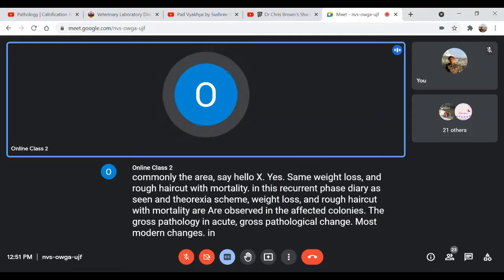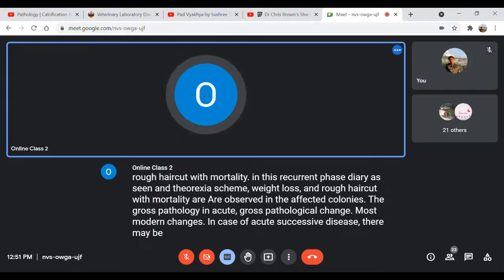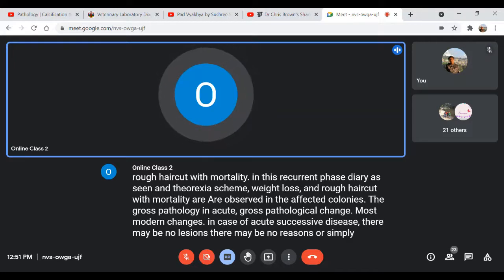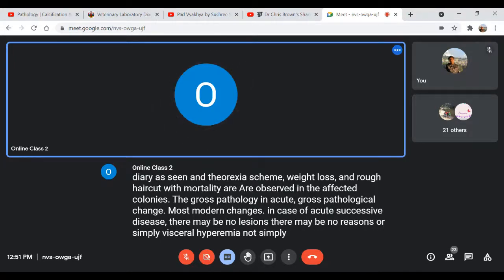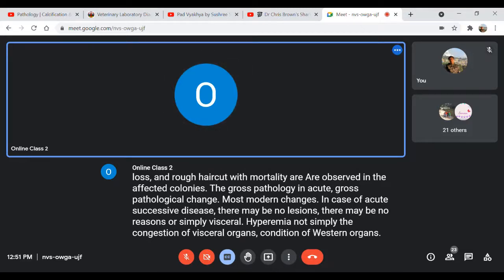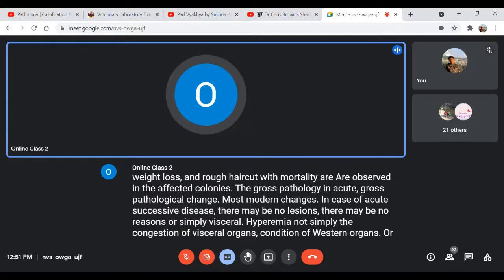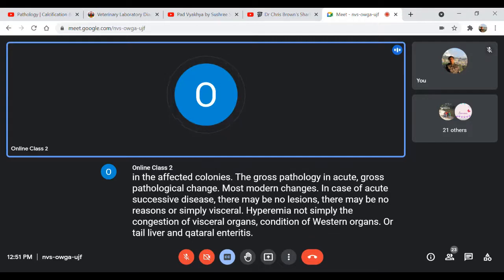In case of acute septicemic disease, there may be no lesions, or simply visceral hyperemia, or simply congestion of visceral organs, or pale liver and catarrhal enteritis.